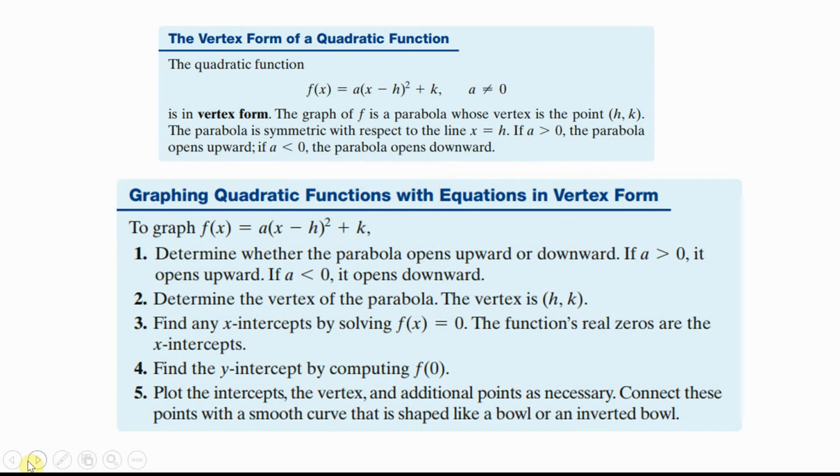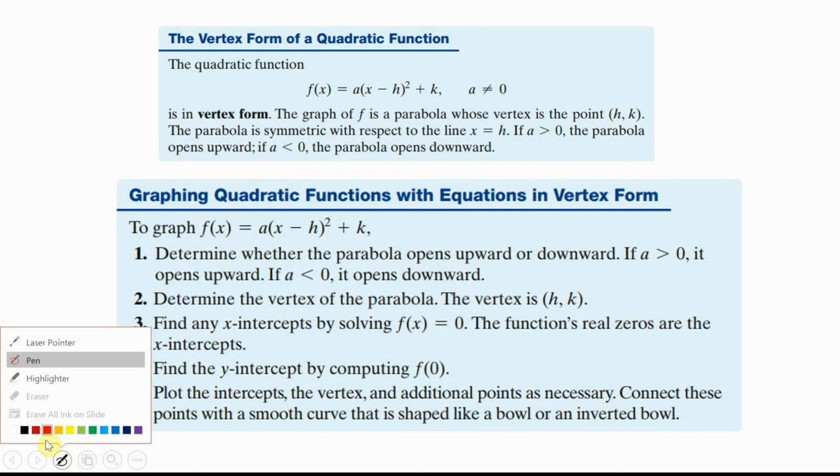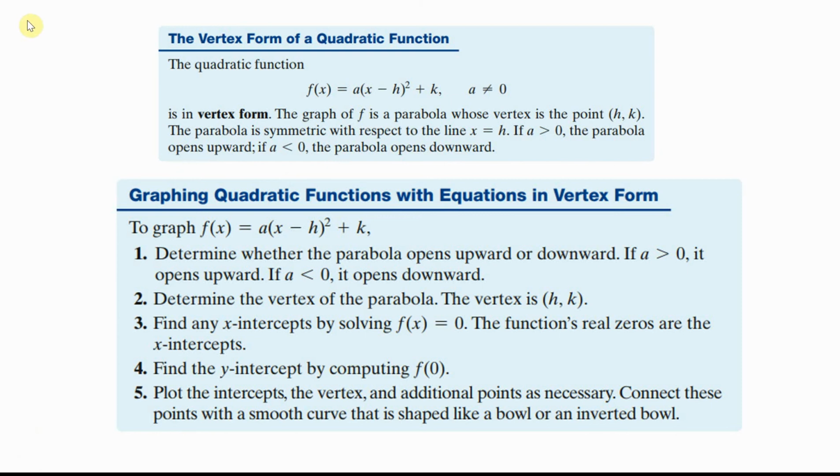So here, the vertex of a quadratic function. Now what they've done was to go from this guy, f of x equals ax squared plus bx plus c, and they were able to write it in this form here.